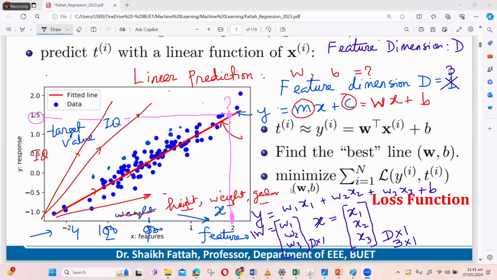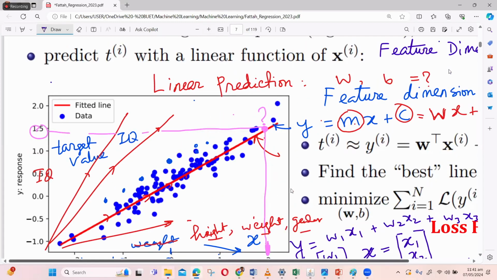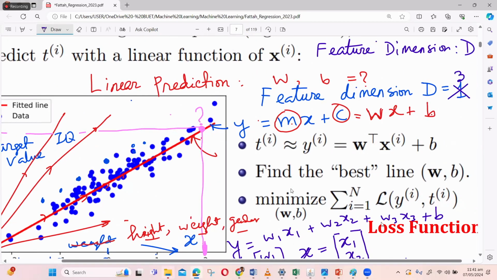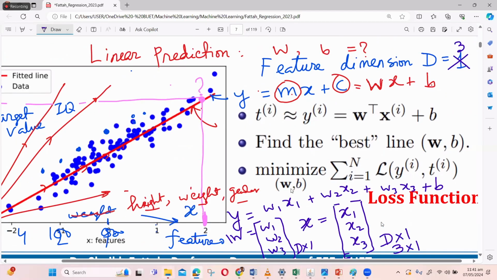So that's why you see this line written as y equal to w transpose x plus b. If you check, the dimension of w is d cross 1, 3 cross 1. Transpose means it gets flipped, so that means 1 cross 3 or 1 cross d.